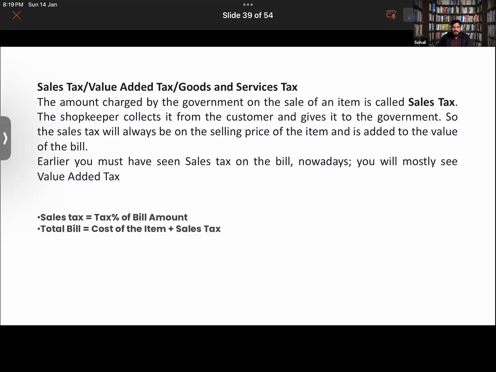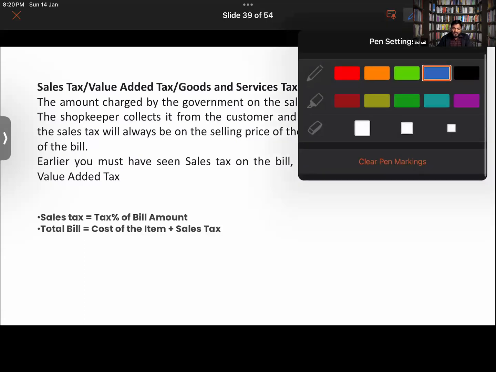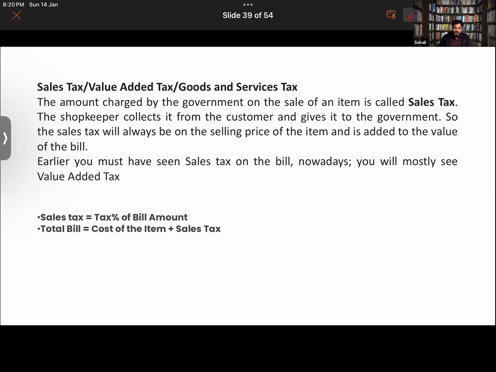Okay. So second thing to be noted about the sales tax is that it will always be counted on the selling price of the given item. So you must have seen that when you order something, there will be a GST amount on it also. So that GST is basically a sales tax, no? Goods and services tax. Yes, sir. On different services, on different items, there are different types of GST.